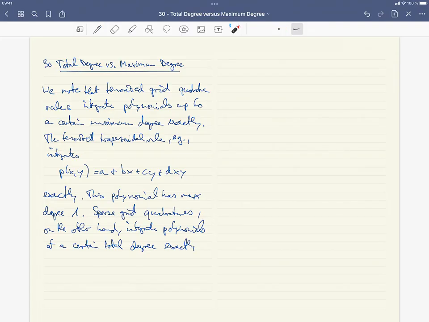So this polynomial here would have total degree 2 because it's 1 in x, 1 in y, and I'm adding them up, so that's 2.